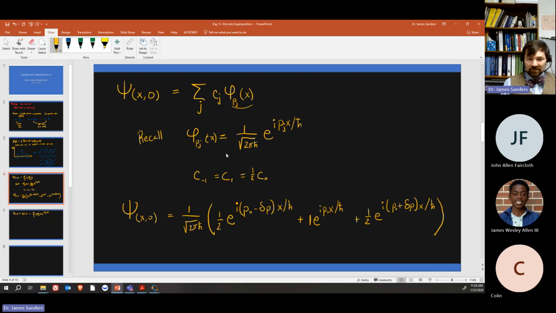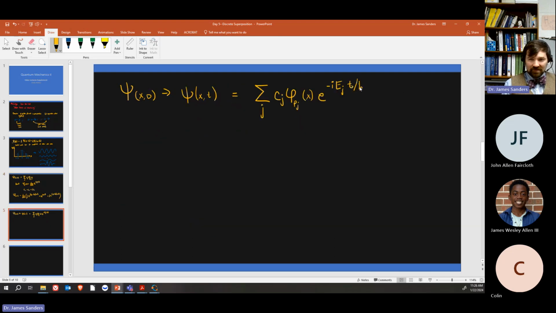We know the t and the h bar. What is this energy term right here? Remember that these are supposed to be unbound states.